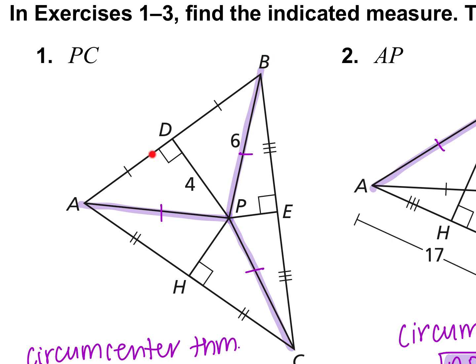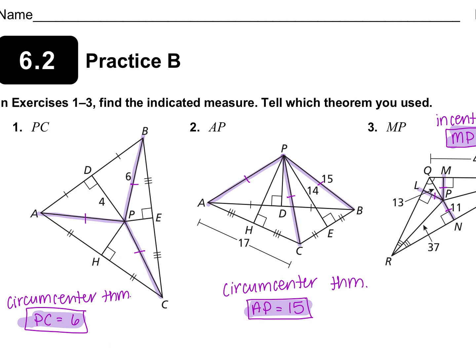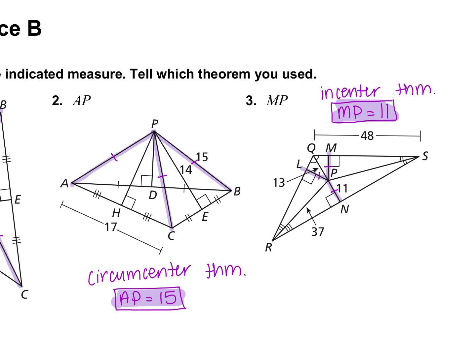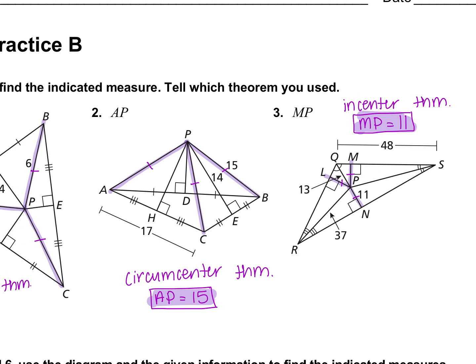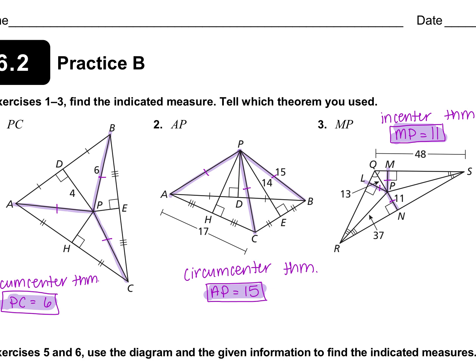This is bisecting my segments, while 3 is bisecting my angles. So you have to remember which one goes with which. So incenter is angles, circumcenter is perpendicular bisectors. Okay, so you have to remember that. So like I said, the slide on 6.3, the last one, has all of them together. So you could see all of them separate.